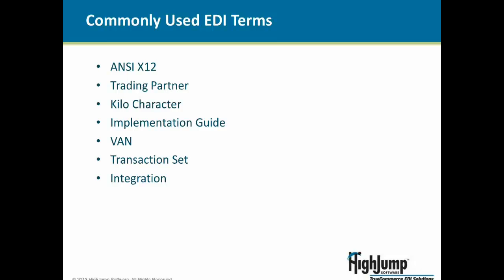VAN, a term many of you will be familiar with, value-added network, that's essentially how those kilocharacters are going to be transmitted and how that data will go back and forth with the trading partner. The transaction set is essentially the documents and the formats that you'll be using with your customer. And then finally, integration is how we're getting that data directly into your Sage ERP system.